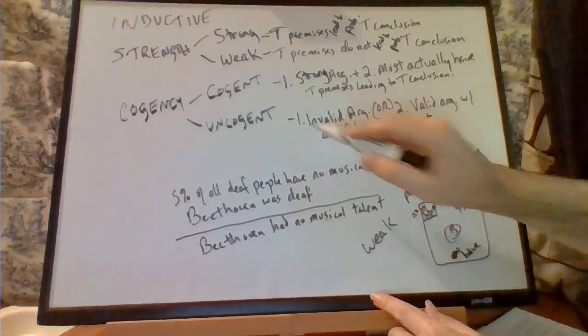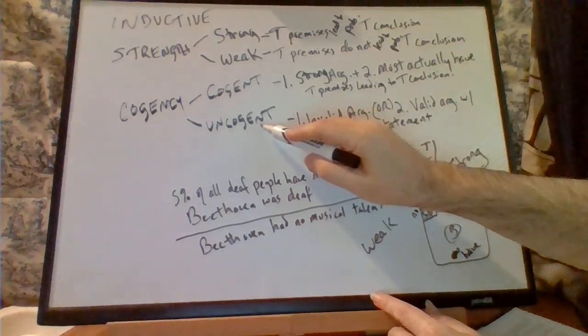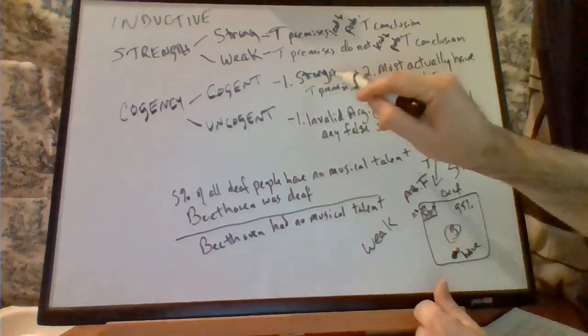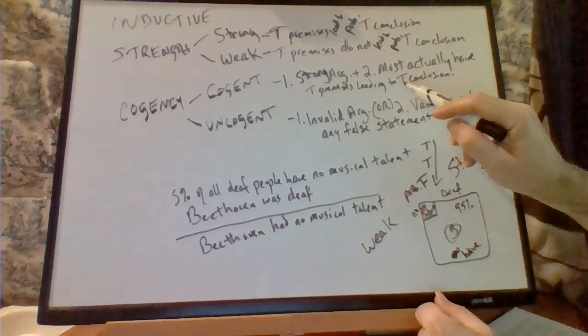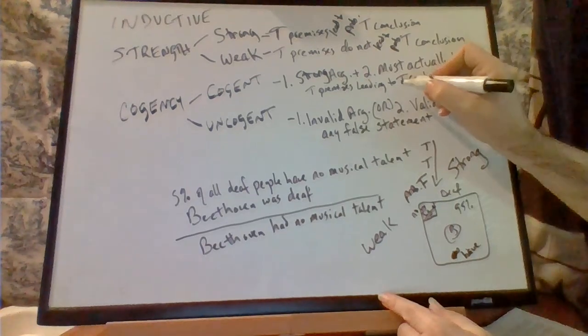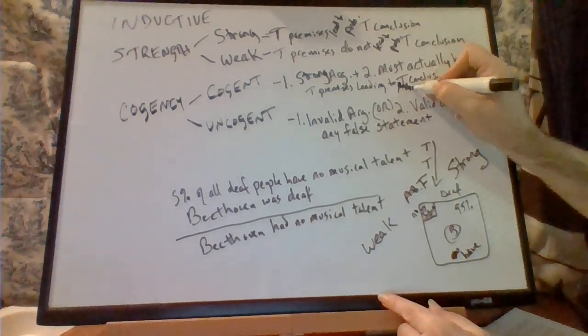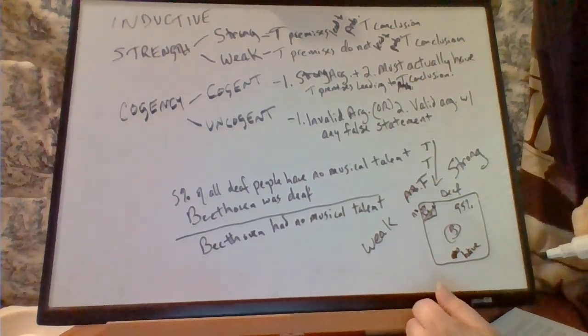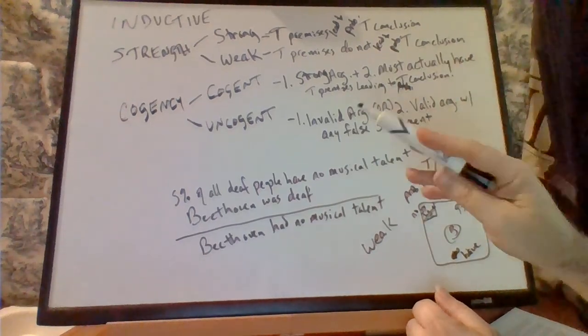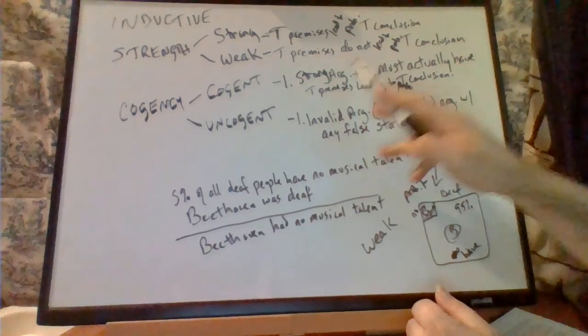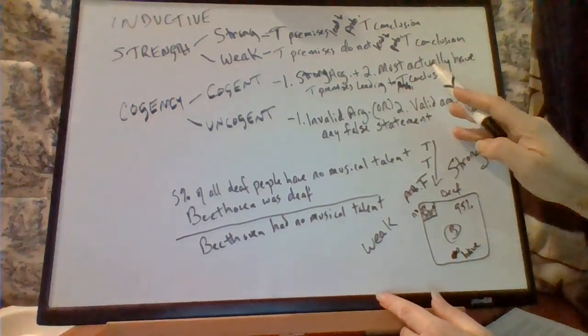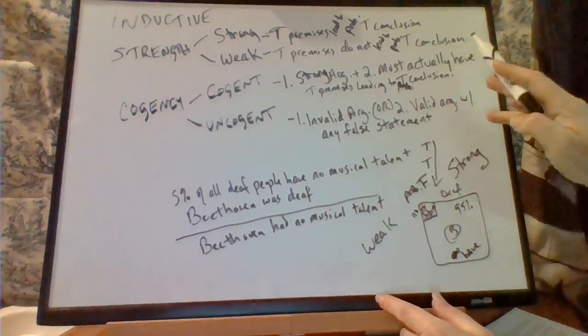If it's a weak argument, it's going to be uncogent. So to be cogent, it has to be strong, and it must actually have true premises leading to a probably true conclusion. That's why you test strength first. And there must actually be true premises leading to a probably true conclusion.